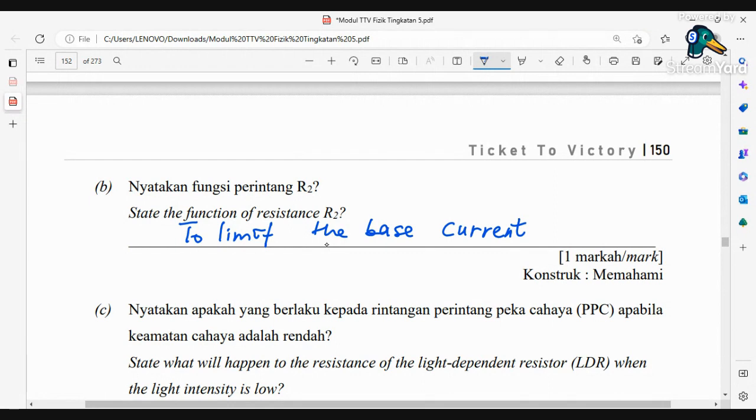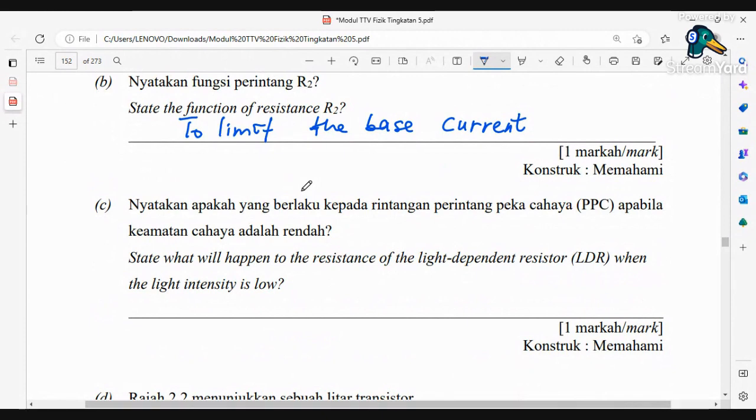As we know, the base part is a very thin layer of junction. So it just requires a small amount of charge in order to turn on the transistor. So the base current is just small to turn on the transistor. No need for it to be too large. So R2 is to limit the base current.